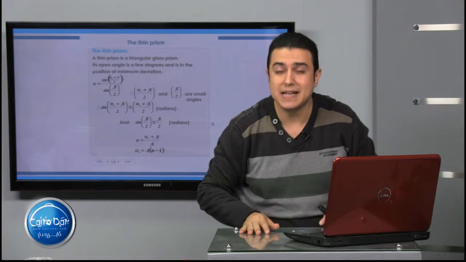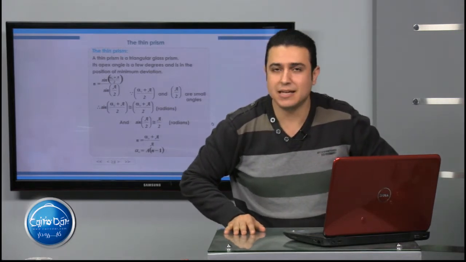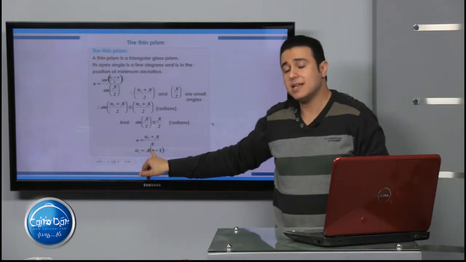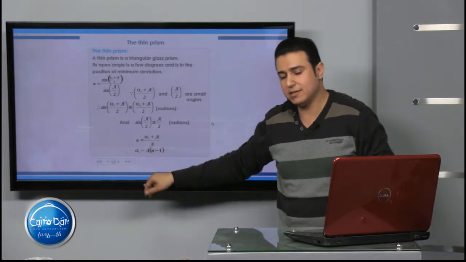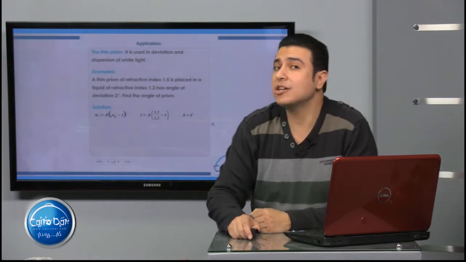This relation holds when the prism is placed in air. If the prism is placed in a liquid, n becomes n prism divided by n liquid. So what's the application of the thin prism?